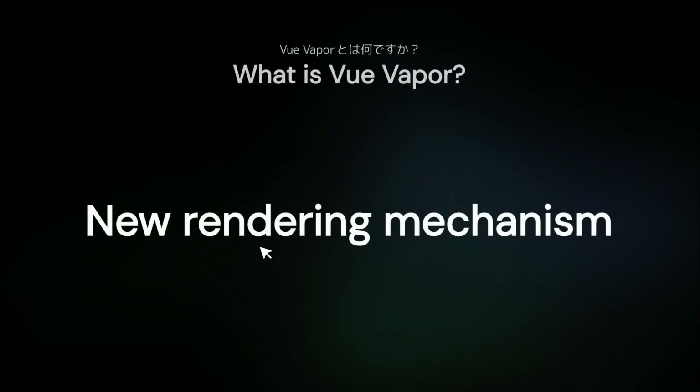Vue Vapor introduces a new rendering mechanism. So, what are the key features and what goals are we aiming to achieve? First, it no longer relies on the virtual DOM. Instead, it directly calls the native DOM API. Second, this removes lots of overhead, improves performance, and reduces memory usage.